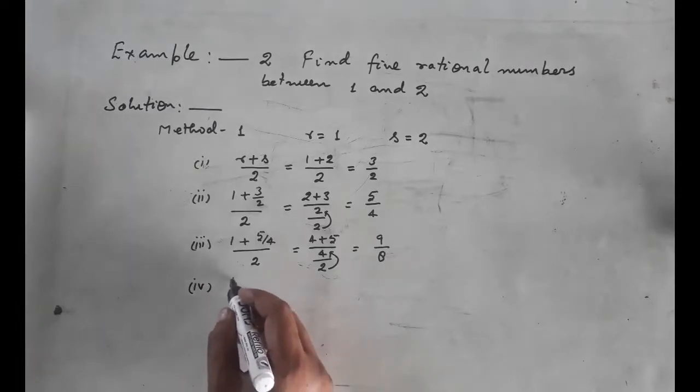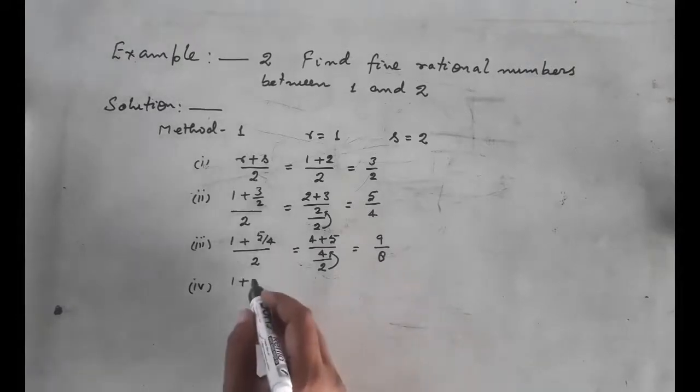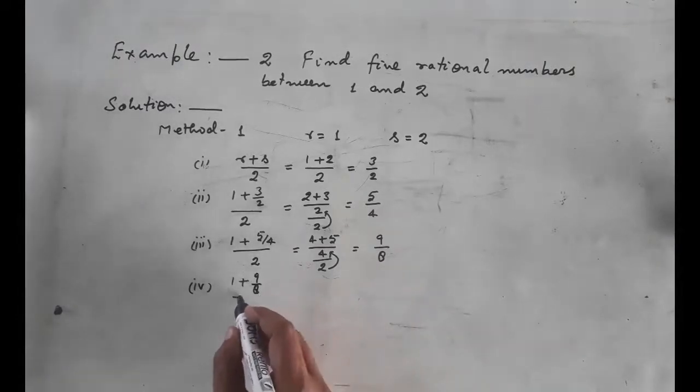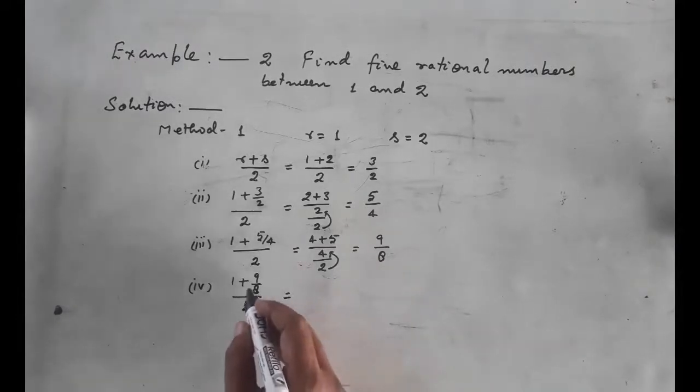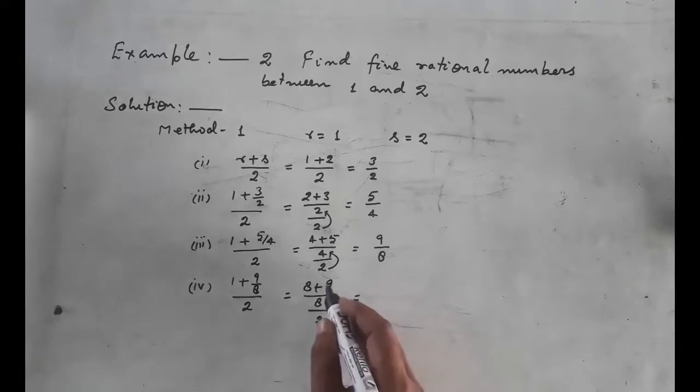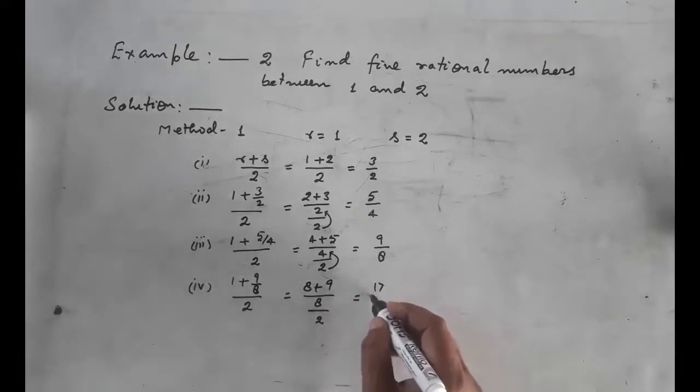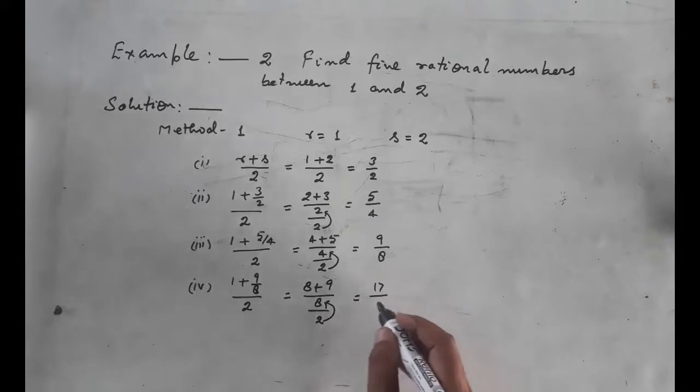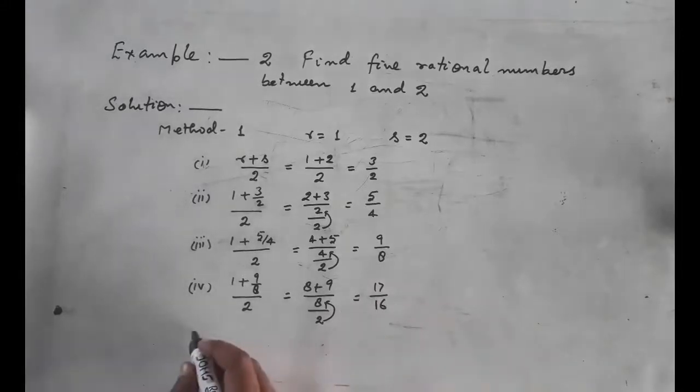Fourth number is 1 plus your last number 9 by 8, whole divided by 2. 8 ones are 8 plus 9 by 8, whole divided by 2. 8 plus 9 is 17. 2 comes here, that is 16.